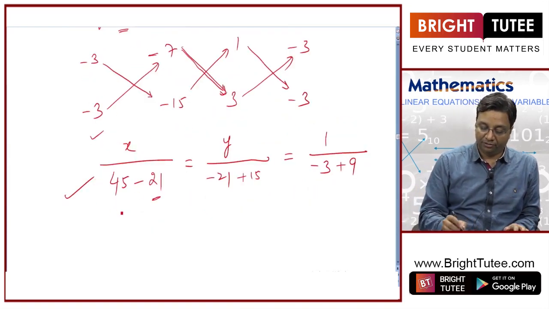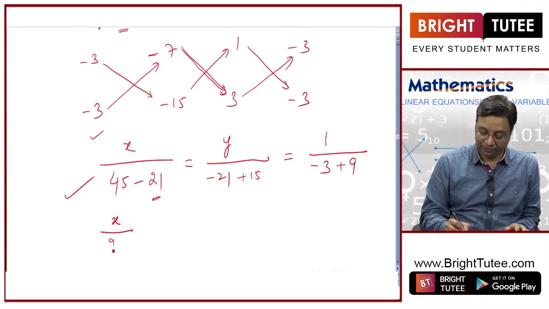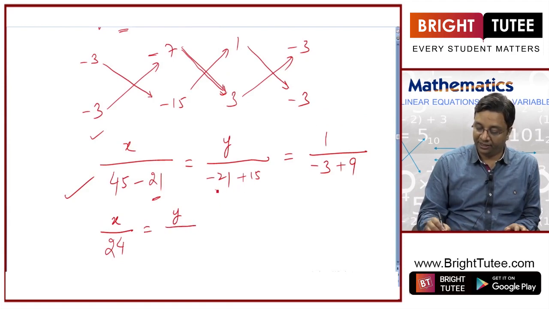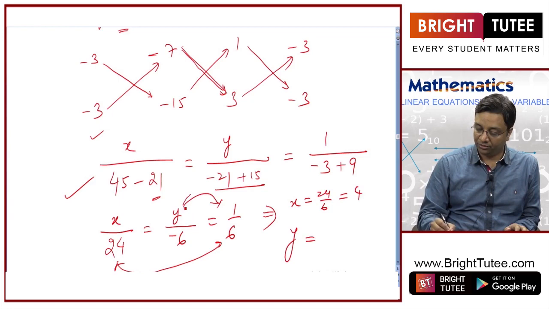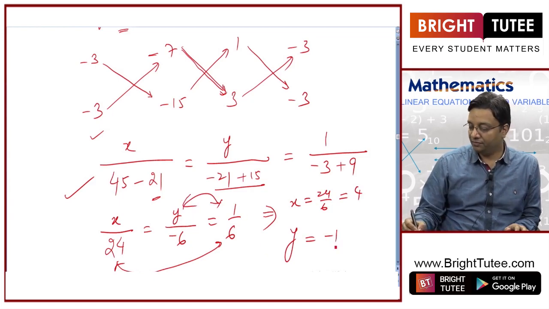So, this gives me x divided by, this is 24, this is y divided by minus 6, and it is equal to 1 by 6. So, this implies x will be equal to, if I compare these two, 24 by 6, that is 4, y will be equal to, compare these two, minus 6 by 6, that is minus 1.